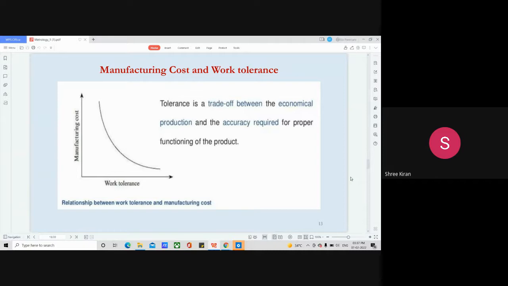Can anyone of you say? I'll ask Karthik. Karthik, could you just tell me why do we make a gauge design in the case of production? Karthik. Karthik Koteri, are you available over there?